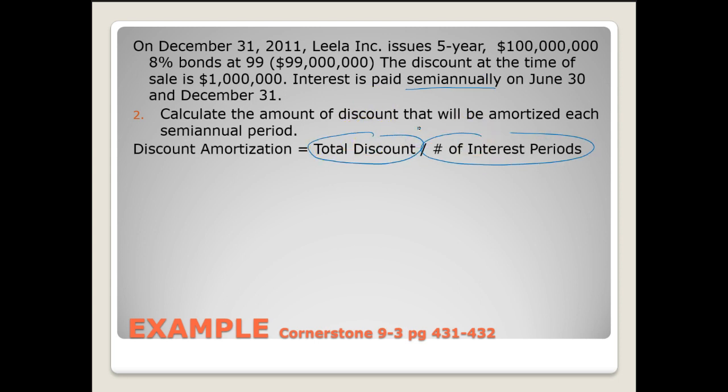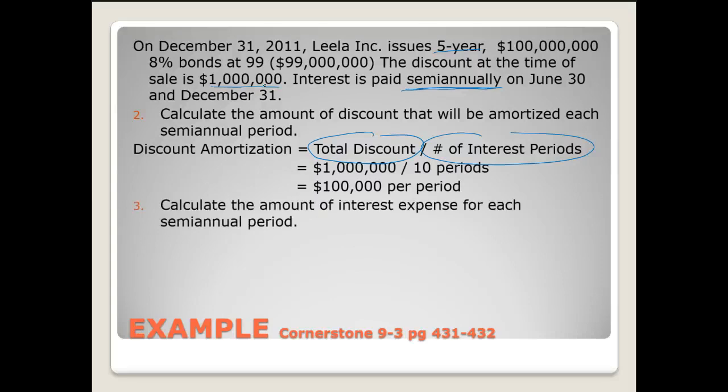How many interest periods will there be in a 5-year bond that pays interest semi-annually? Correct. There will be 10 periods of interest payment, and there is a $1 million discount, which we already know. So the amount of discount that's amortized every interest payment period will be $100,000 per period, or $200,000 per year.